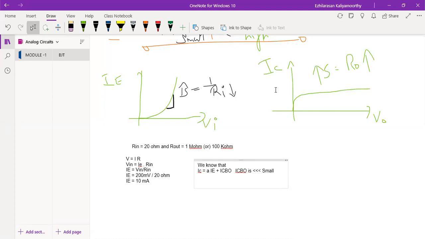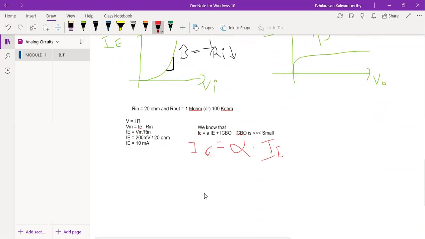Then IC will be equal to alpha into IE, because ICBO is negligible. From this I can write IC is approximately equal to IE. Why?